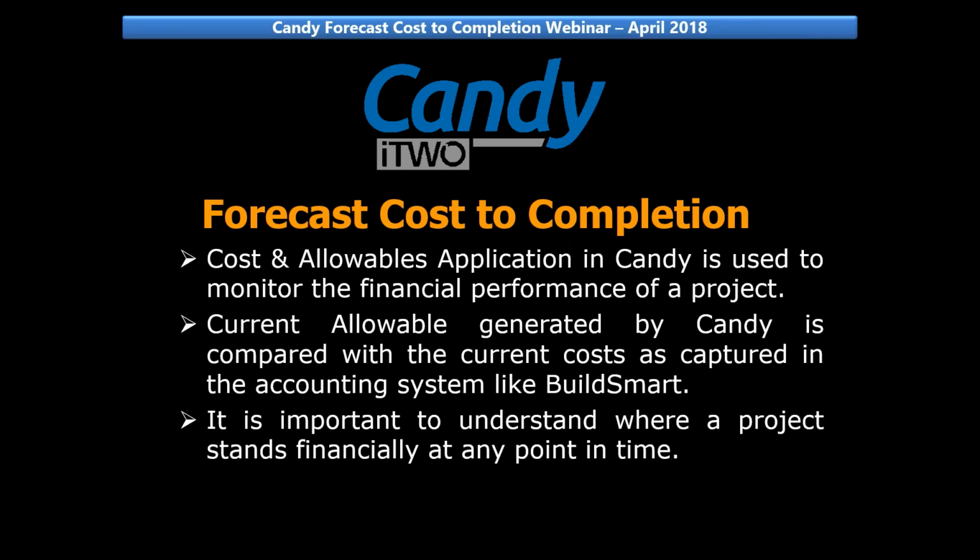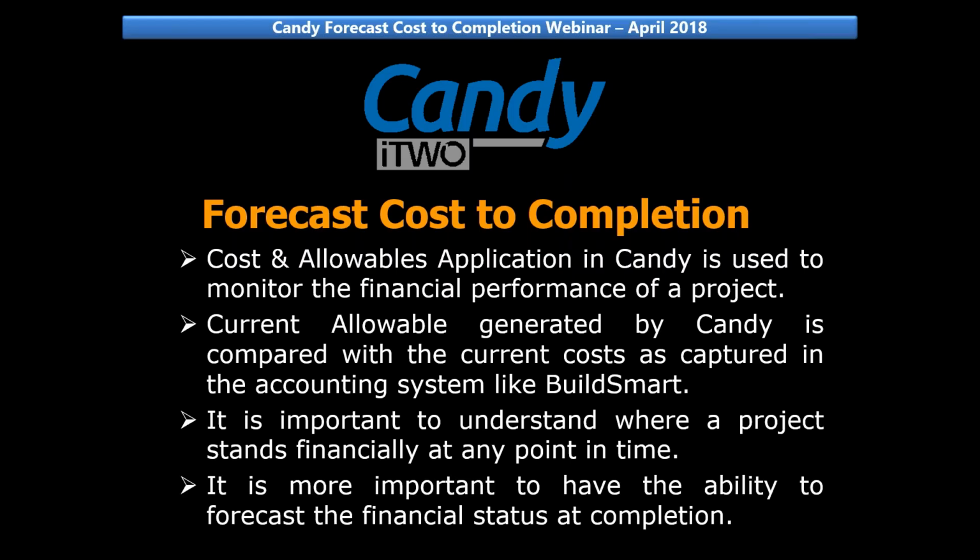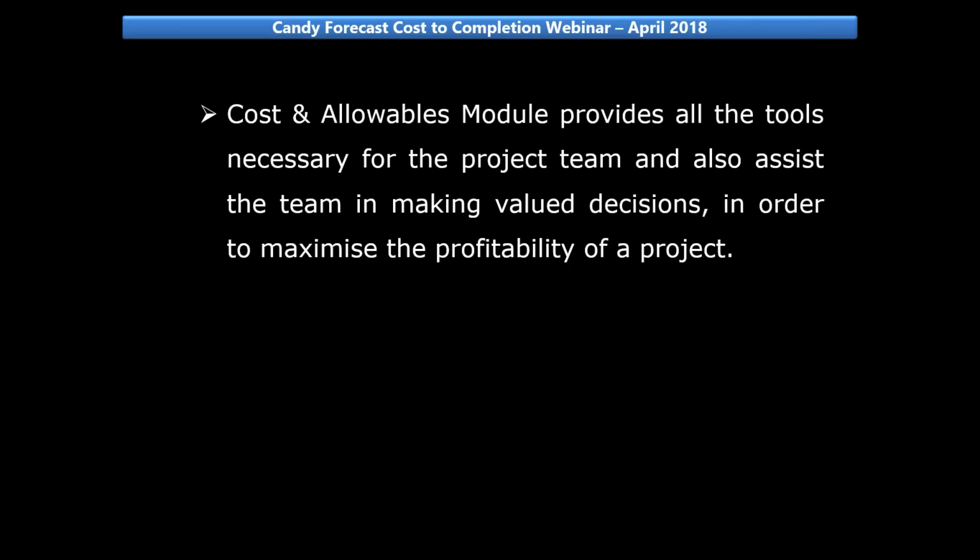While it is important to understand where a project stands financially at any point in time, it is more important to have the ability to forecast the financial status at completion. The cost and allowable module provides all the tools necessary to achieve these goals and thus assist the project team to make value decisions to maximize the profitability of a project.